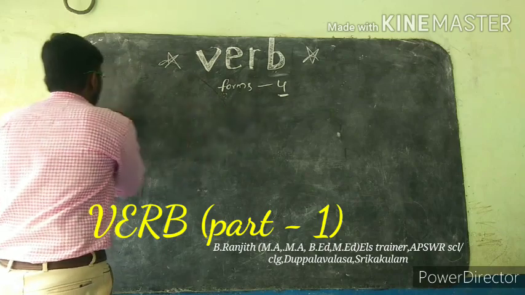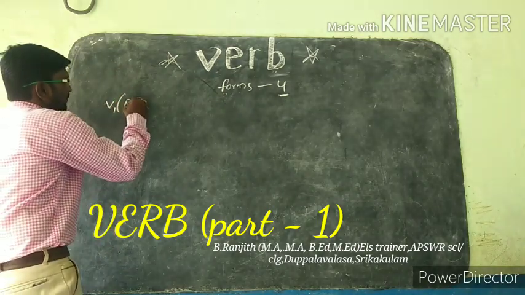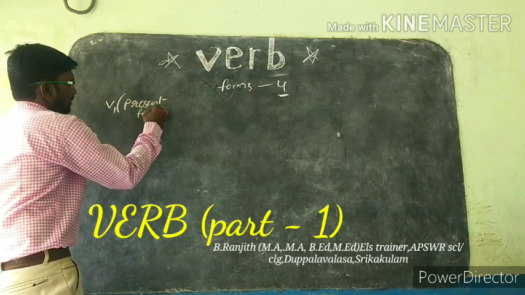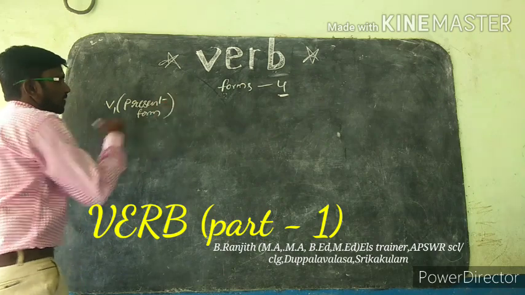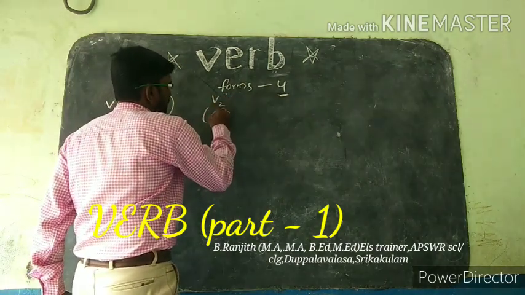One is V1. It is called the present form. V2 is called the past form.